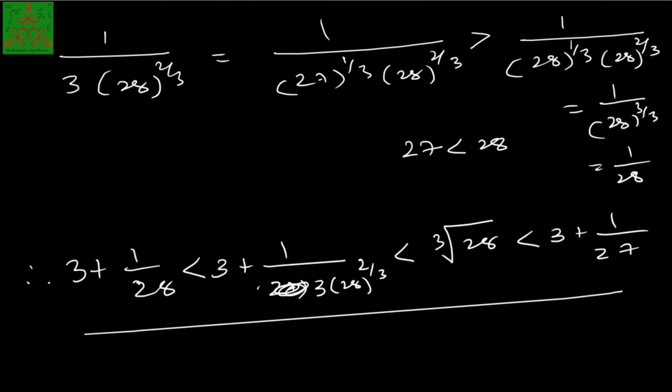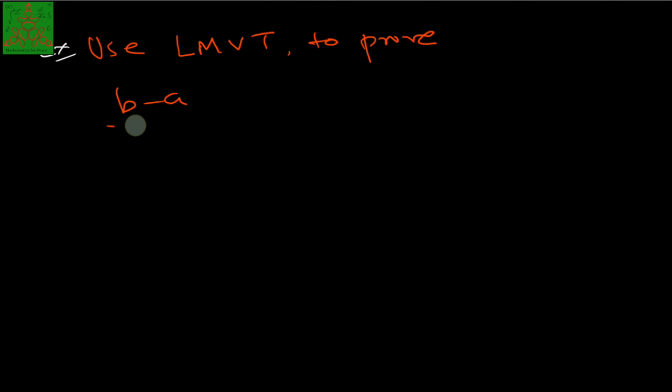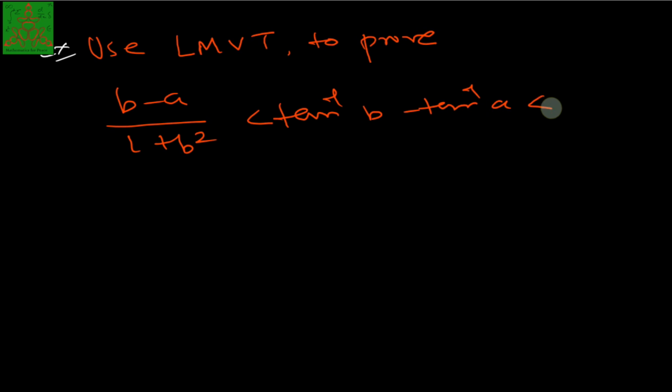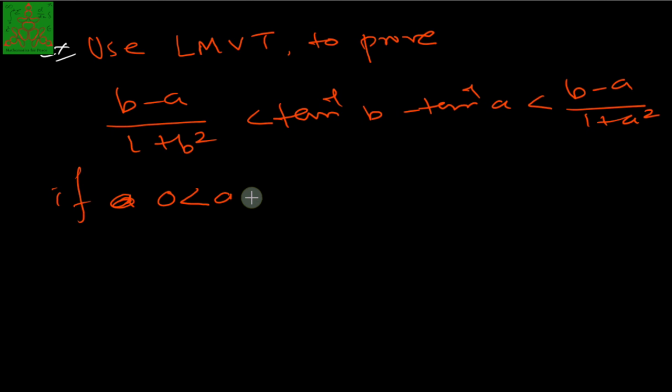Let us solve one more and the last example for this video. The question is: use LMVT to prove that b minus a upon 1 plus b square is less than tan inverse of b minus tan inverse of a, which is less than b minus a upon 1 plus a square, if a is less than b.